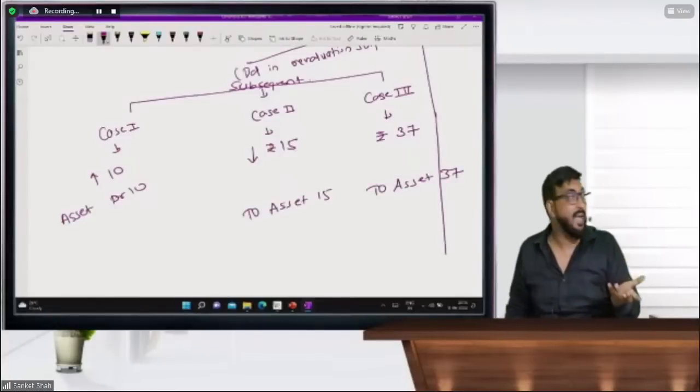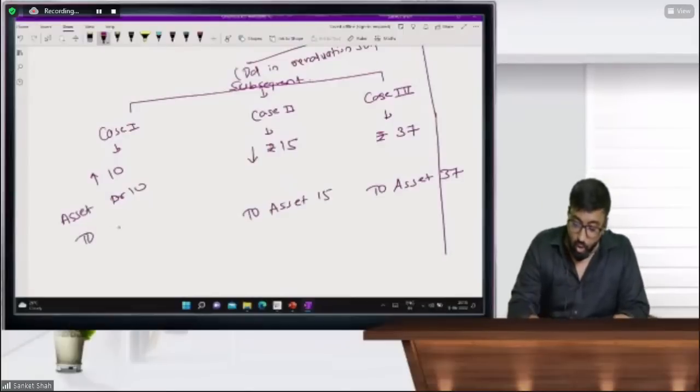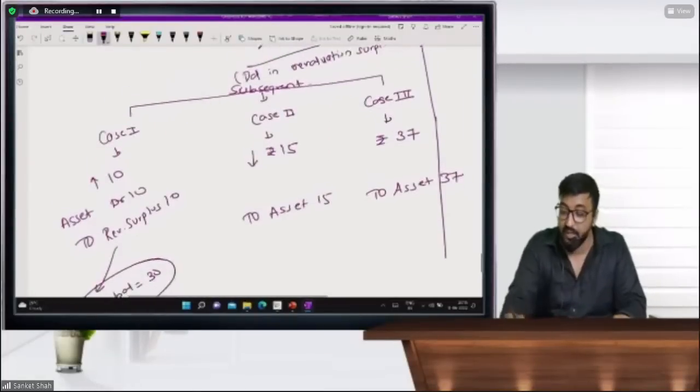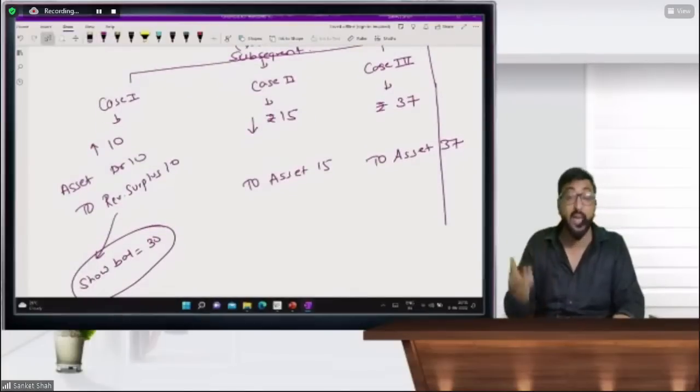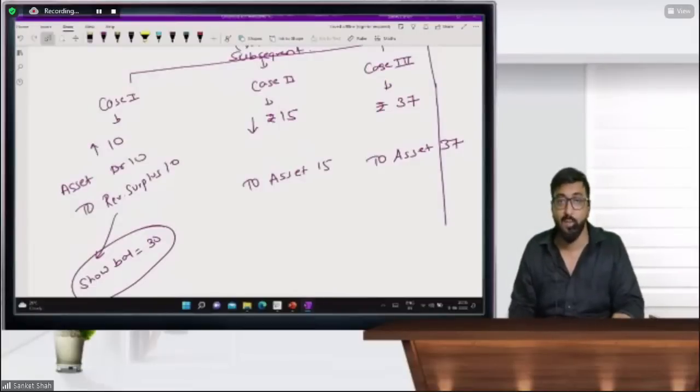In the first case the asset is debited and in the remaining two cases the asset is credited. So again revaluation surplus, beta, now your revaluation surplus will show a balance of rupees 30. First time 20 increase, second time again 10 increase. So total balance kitna hua? 30 rupees.